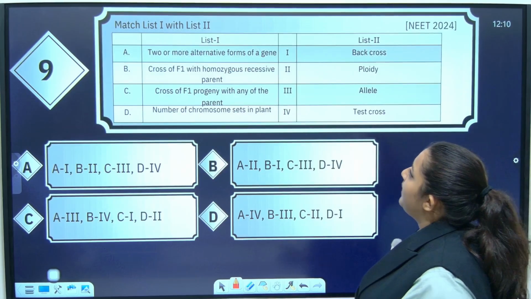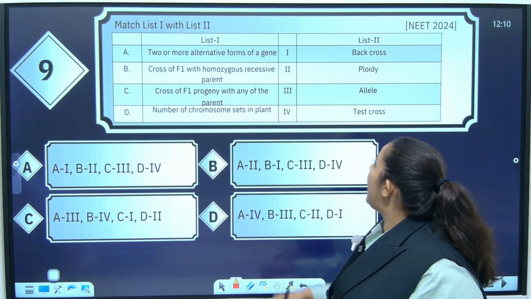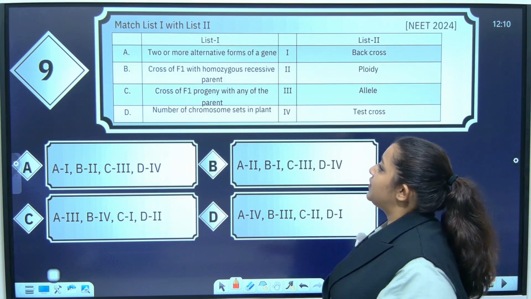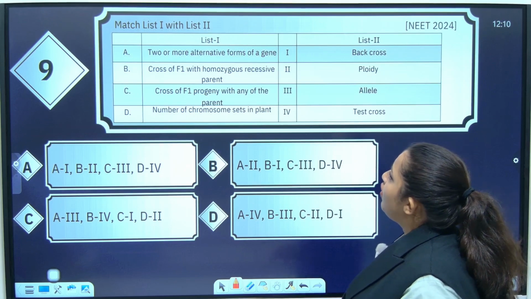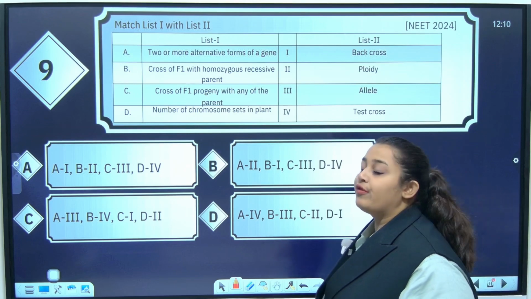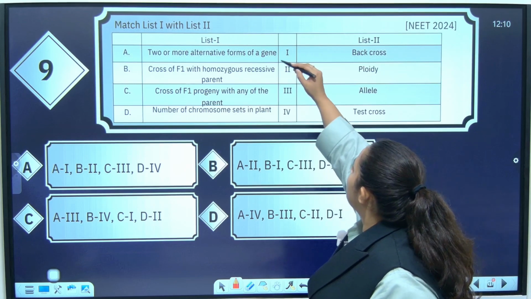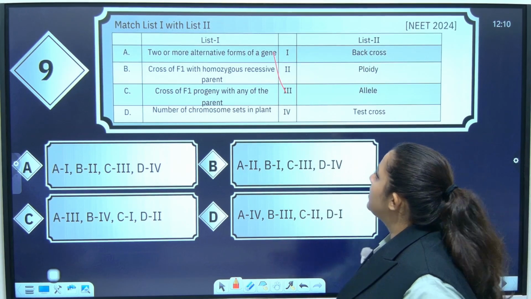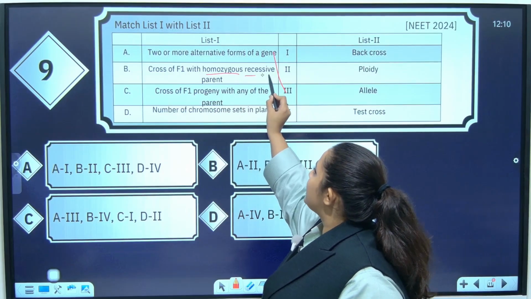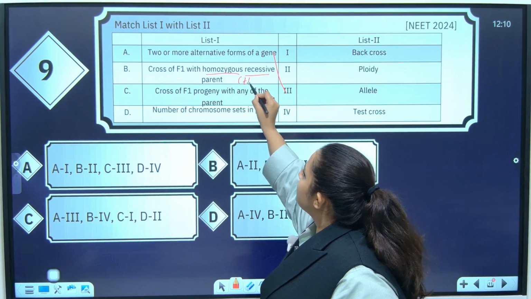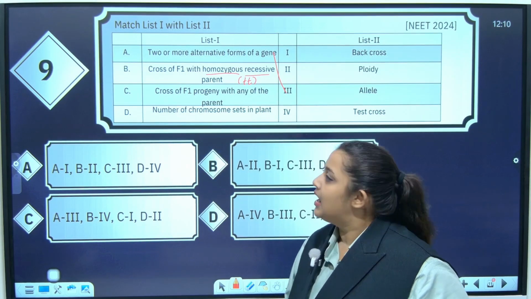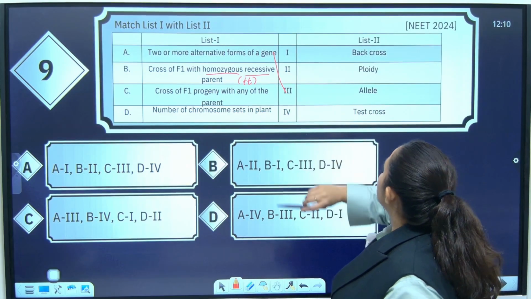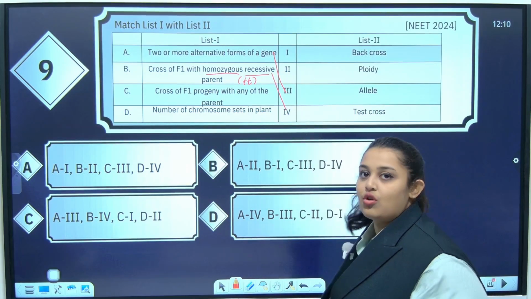Go for the next one. We have similar options over here, which we did in the previous one. Two or more alternative forms of a gene, nothing but an allele. Cross of F1 with homozygous recessive, that is known as a test cross.